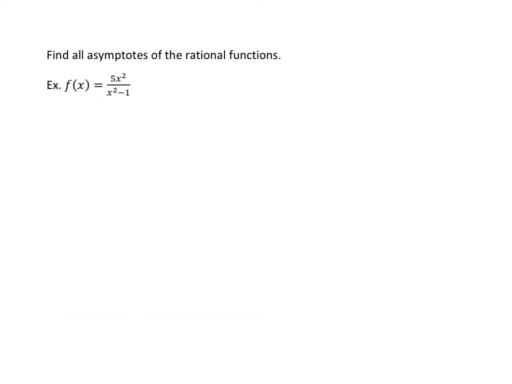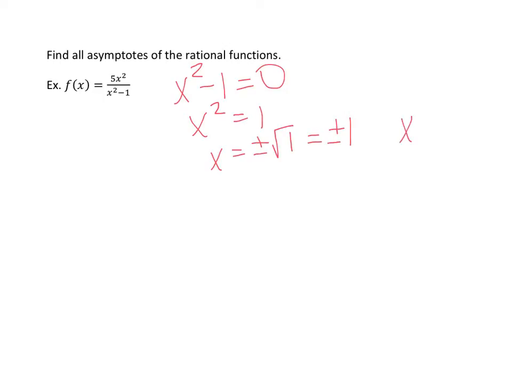Finding these asymptotes, we're going to first look at our vertical asymptotes. I'm going to take my denominator, x squared minus 1, set it equal to 0 and solve it. So x equals plus or minus the square root of 1, which is plus or minus 1, which means I have vertical asymptotes at x equals plus or minus 1. So there's my vertical asymptote. Horizontal asymptote.